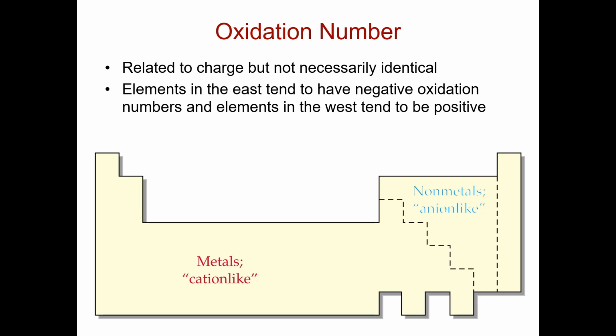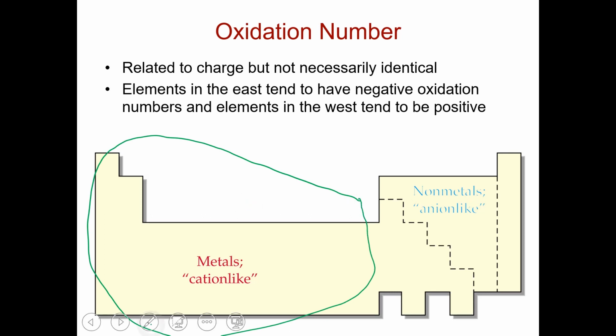The oxidation number is what we assign the element based on the compound that it's in. So elements that are on the left side of the periodic table, on the metal side, tend to be positive, and elements that are on the right side, on the non-metal side, tend to be negative.